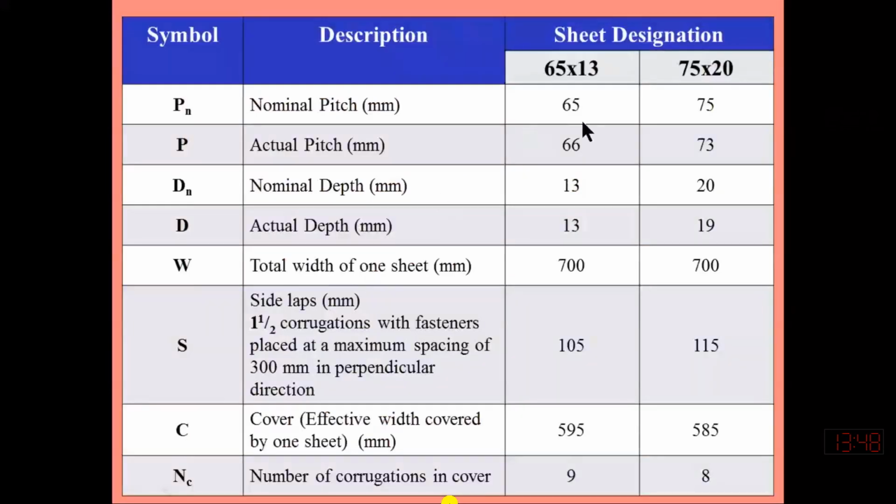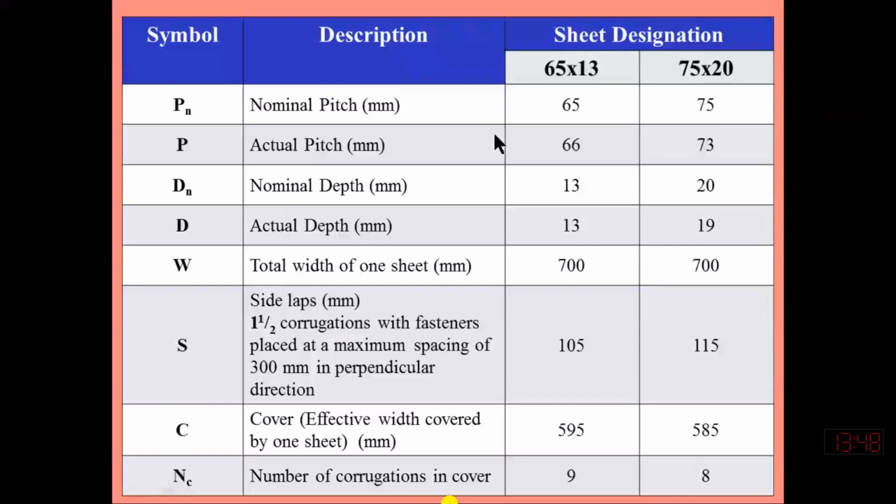If we have a GI 65 into 13 sheet, then the nominal pitch for this sheet is 65, and 75 into 20 means that the nominal pitch of this sheet is 75. The actual pitch may be 76, but the nominal pitch is 75. The actual pitch for this sheet is 66, and for this sheet it is 73.